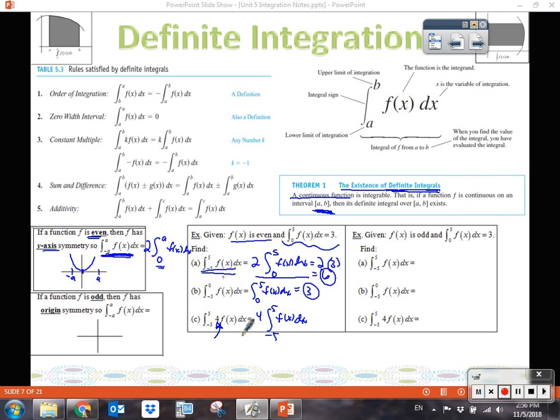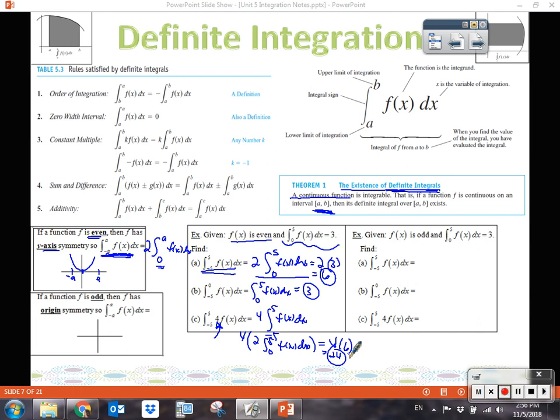That would be 4 times 2 times the integral from 0 to 5 of f of x dx, and so that's going to be 4 times 6 or 24. So that's our work with even, a special case that only works on even functions that are integrated from negative a to a.